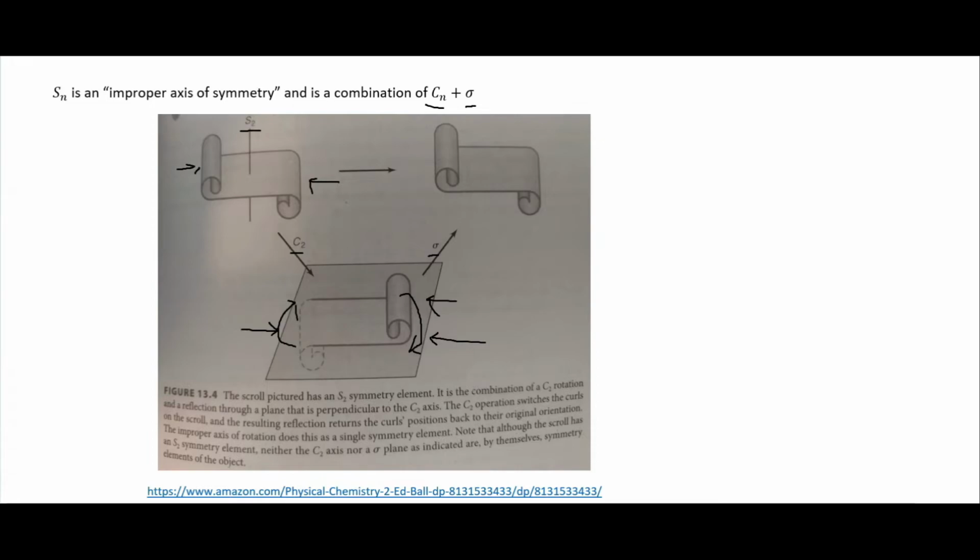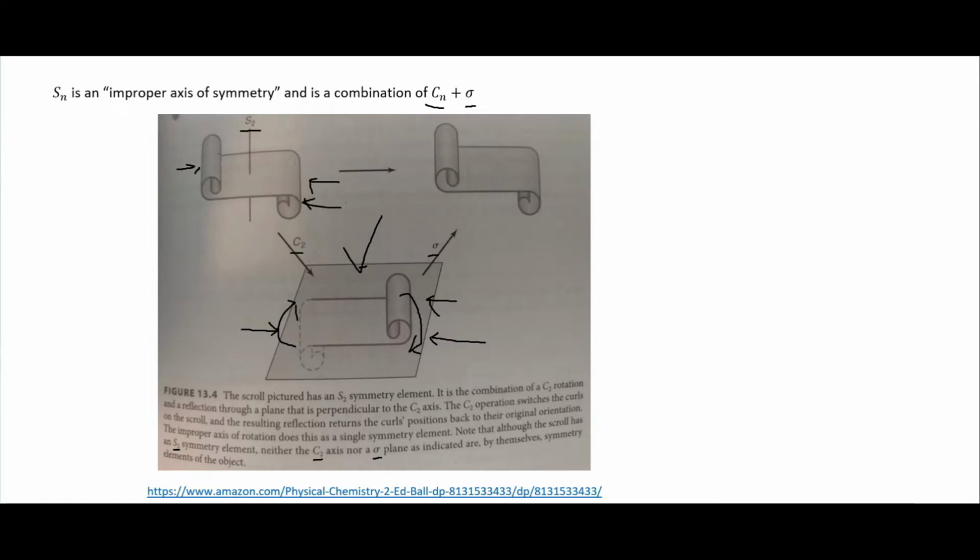Note that although the scroll has an S2 symmetry element, neither the C2 axis nor the sigma plane, as indicated, are by themselves symmetry elements of the object. If you just did the rotation, you wouldn't get the same thing again by doing that 180 degree turn, because this thing doesn't look like this thing.